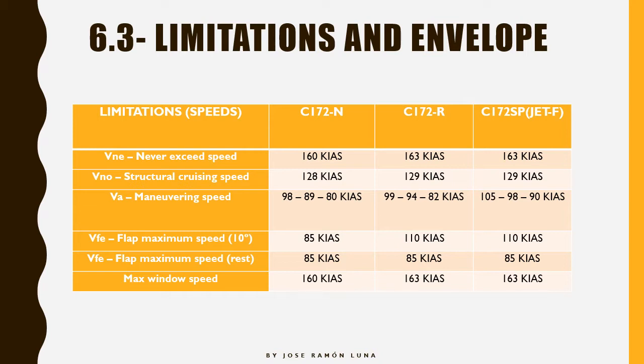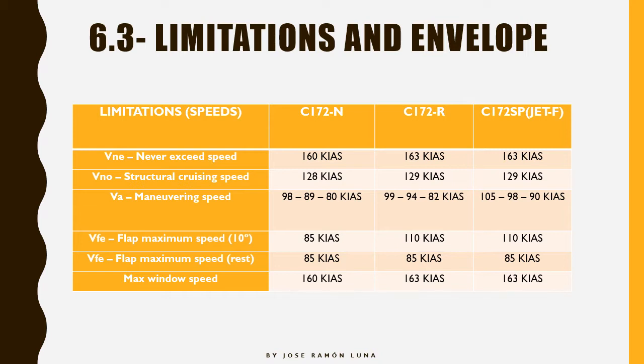Maneuvering speed depends on weight. Okay, the more weight, the higher the speed we're gonna need for maneuvering, right? That's called VA. We can use it as turbulent speed. Anyway, it's not really a limitation. It's more like a recommended speed for maneuvering. It gives you the best handling capabilities of the aircraft at certain conditions.